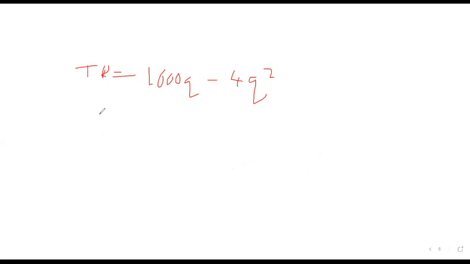When we found our total cost, we've been given our total cost in the question. What is our total cost in the question? 1,000 plus what?